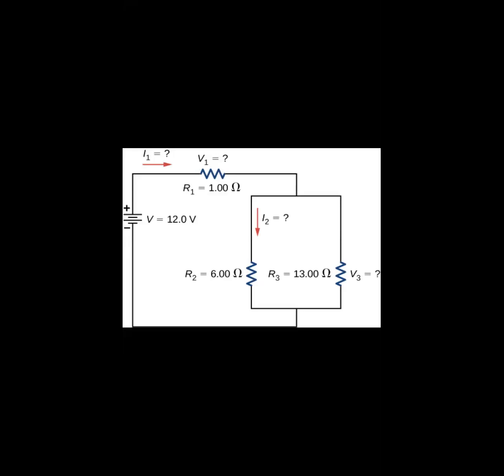Voltage V1 is I1 times R1. 2.4 times 1 ohm. So you have 2.4 volts. Are we following, guys? Yes, 2.4 volts.